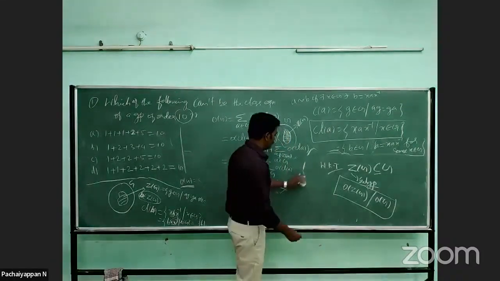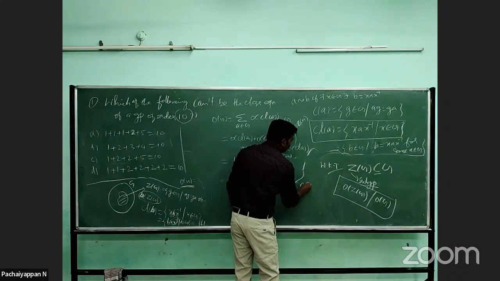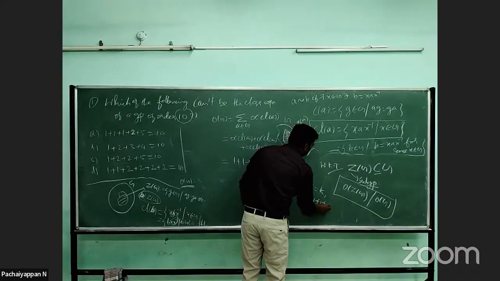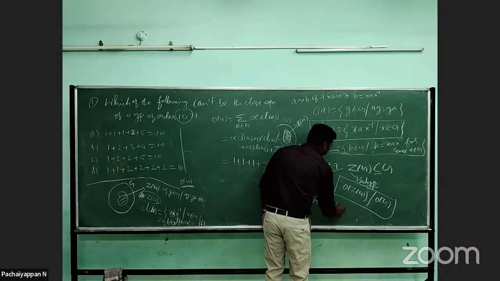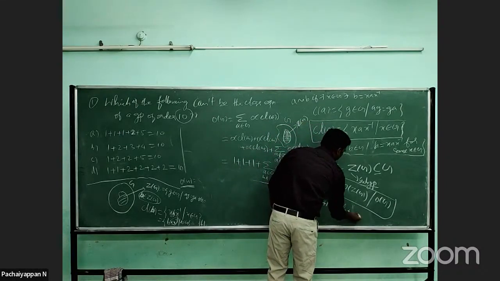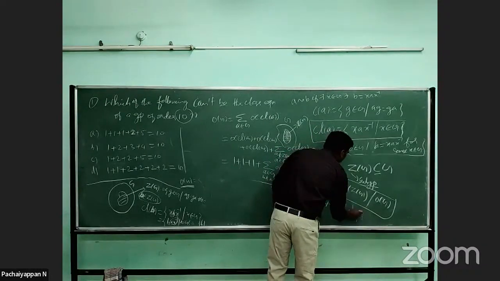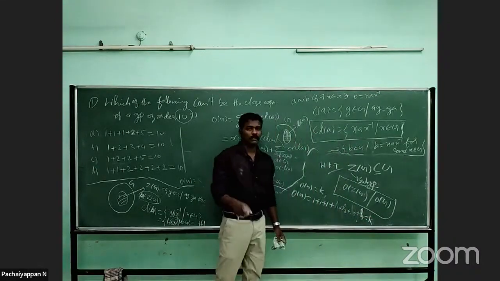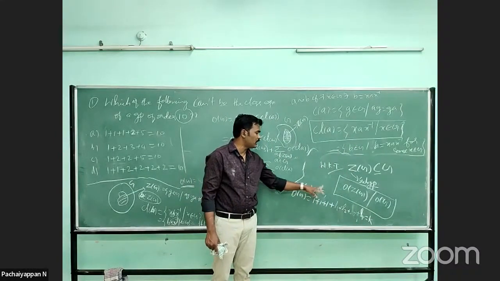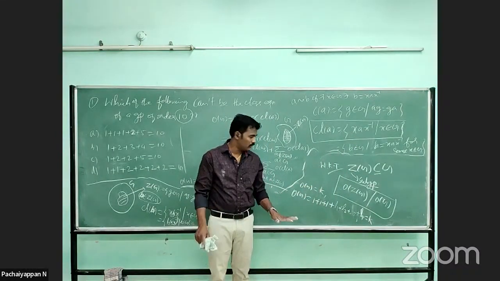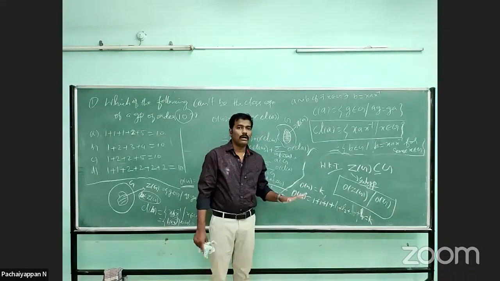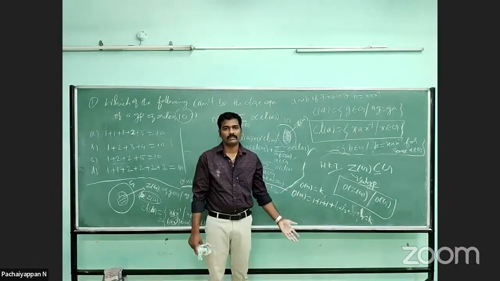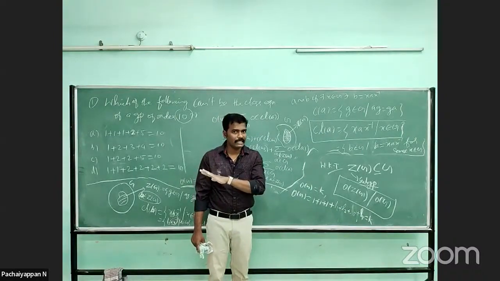I will write here: order of the center of G equals 1 plus 1 plus 1 plus some L1 plus L2 and so on, plus LR, which equals K. Now my question: the order of G equals K, a random group whose order is K. Now, what is the order of the center of G? We don't know. Just they say that.